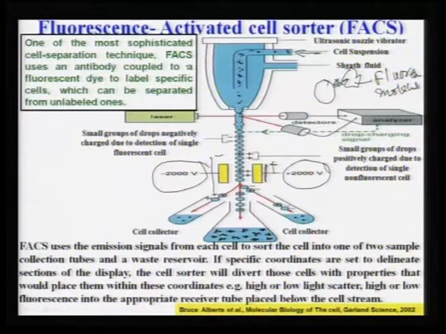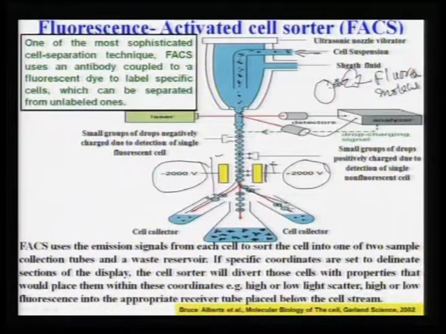Depending on the molecules tagged to the cell surface, certain cells will be separated in one direction, certain other cells will be separated into another test tube, and the cells which are unaffected by the electric field will go straight and be accumulated at the bottom. Now, what types of cells are being accumulated?